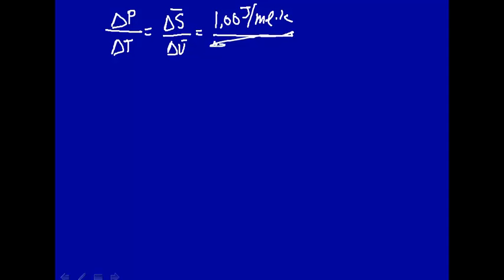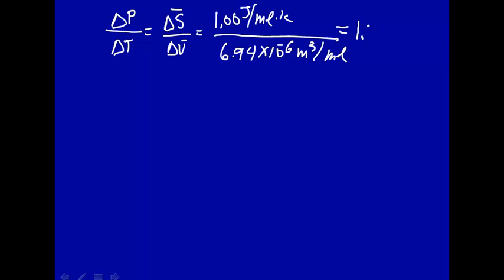Delta V, we just calculated, is 6.94 times 10 to the minus 6 meter cubed per mole. And that comes out to be 1.12 times 10 to the fifth joule per meter cubed Kelvin. So there's a proportionality constant between delta P and delta T.